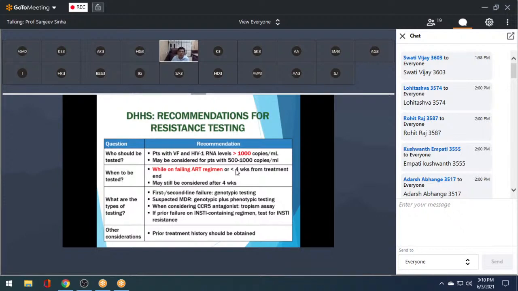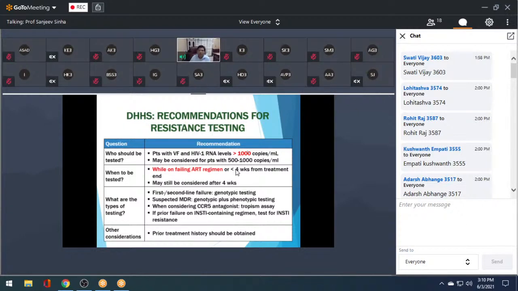So what are the recommendations of HIV resistance testing? As per international guideline, the Department of Health and Human Services, we say who should be tested for HIV resistance.